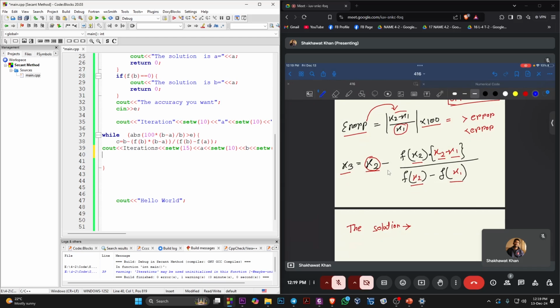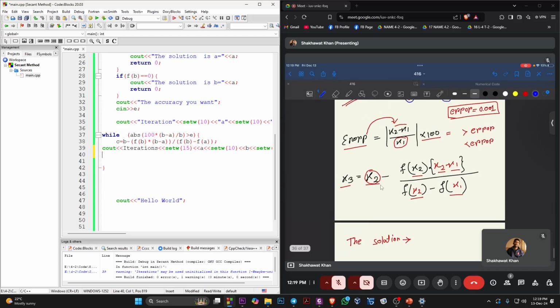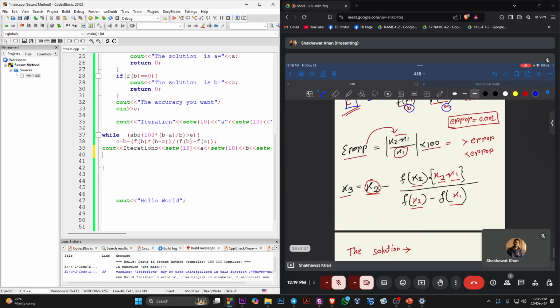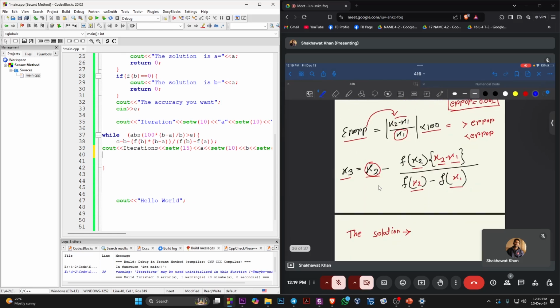So now if my C value doesn't bring me close to my solution, I have to do further iterations.